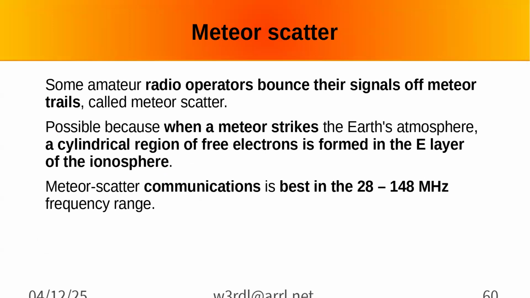Meteor scatter. Anybody done meteor scatter? As a meteor penetrates the atmosphere, it's basically causing a little plasma, so it's ionizing a trail through the atmosphere, and it leaves this little circular trail behind it that lasts for maybe a few minutes.